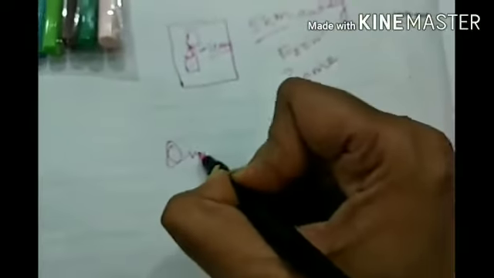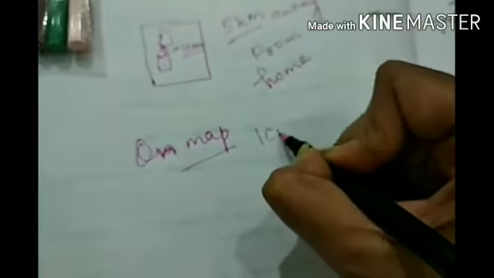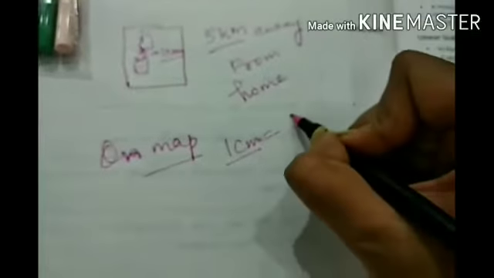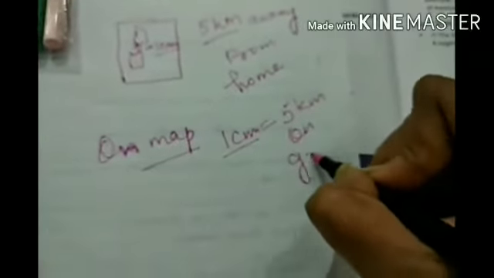Okay, children. Now, between this, the gap, this is 1 centimeter. That means on the map, 1 centimeter is equal to 5 kilometers on the ground.